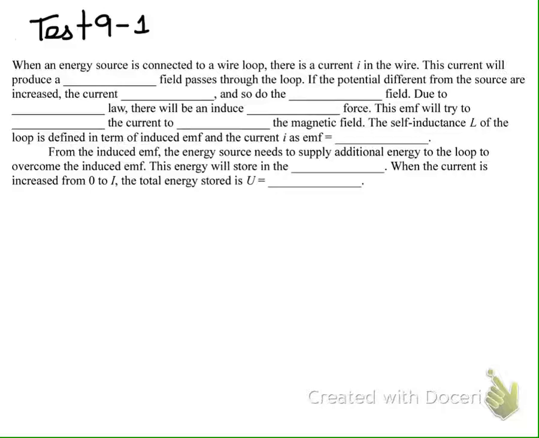This current will produce a field passing through the loop. If you guess, it should be a magnetic field passing through the loop, right?